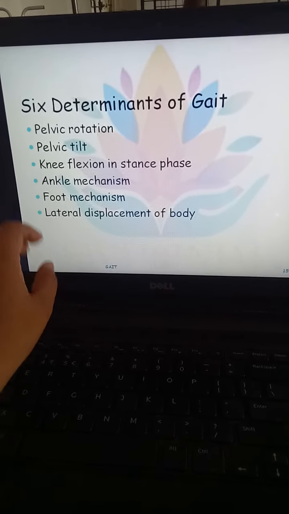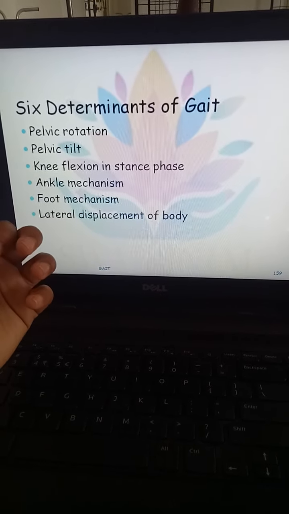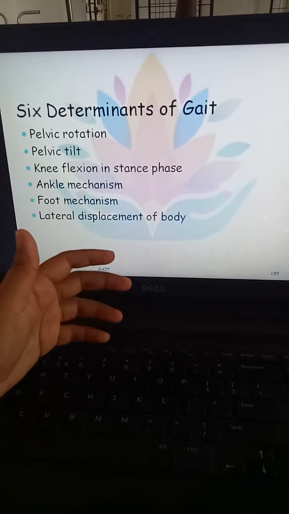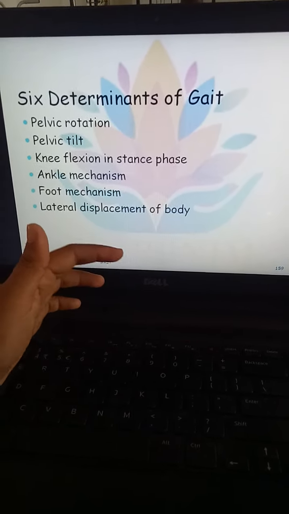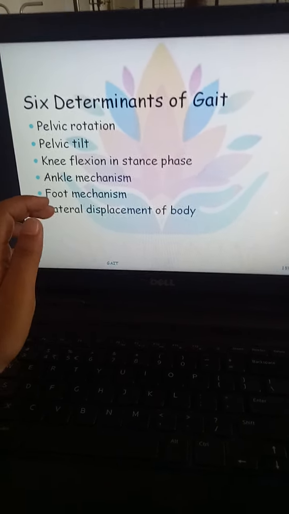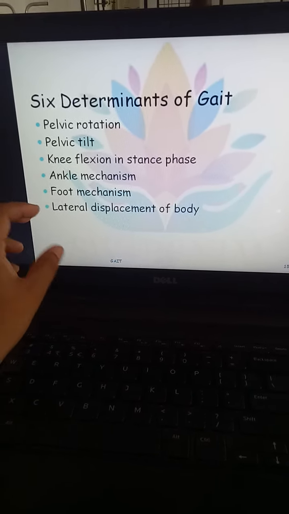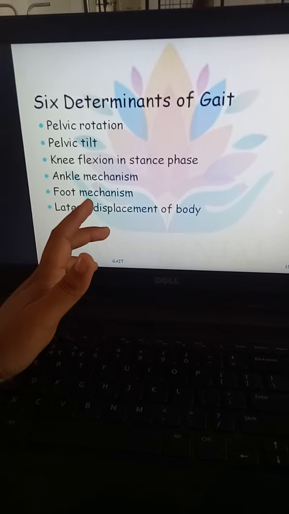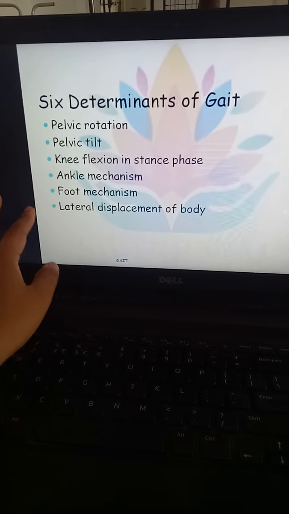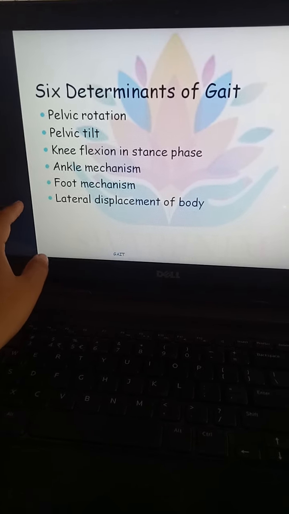We have to check all the movements occurring at the hip joint, knee joint, ankle joint and the lumbar area, but knee flexion is important because whenever we are walking, if knee flexion is not occurring in the lower limb, the patient is not able to walk properly. So knee flexion in stance phase is the most important part of the determination.